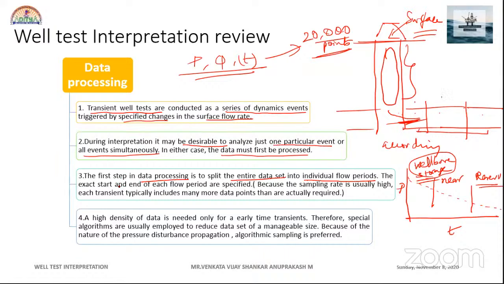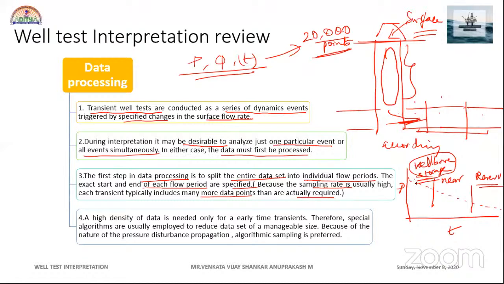So the exact start and end day of the flow period are specified. Obviously, when you record it, the sampling rate is usually high, meaning when you take a higher sampling rate, it indicates you have better accuracy.